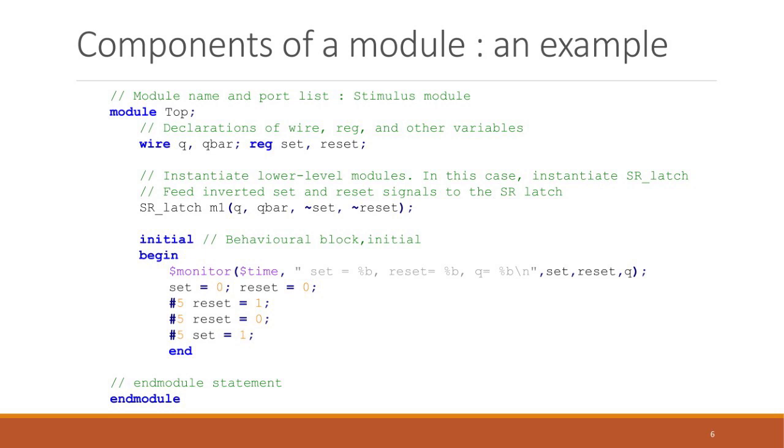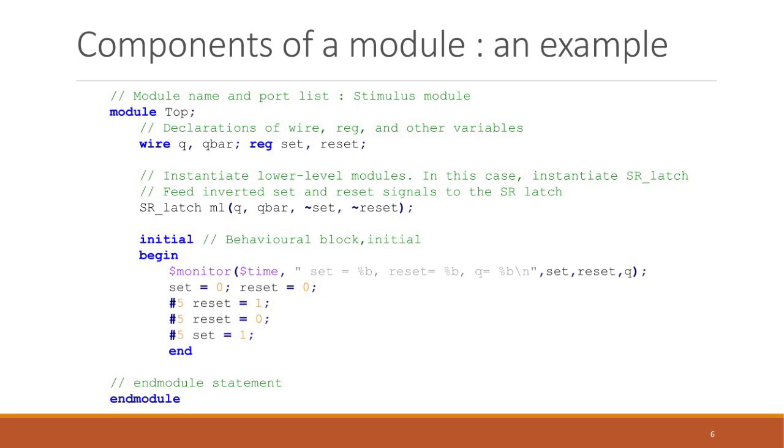The signals Q and Q bar are connected to the outputs of the SR latch. And next, since we are going to use variables set and reset to set and reset the latch respectively, we have to feed the inverted set and reset signals to our S bar R bar latch. That is one thing that you should notice.